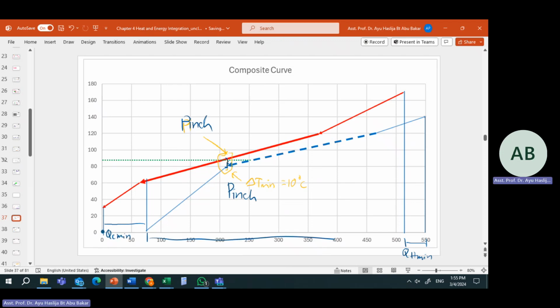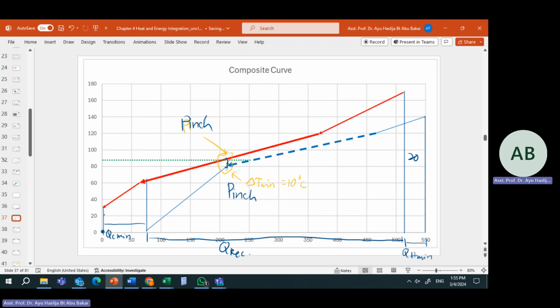And from here to here is your Q recovery. If you plotted properly, you will get your hot utility QH min would be 20.